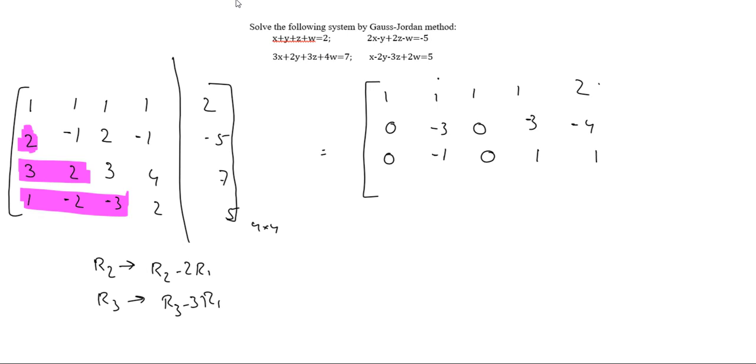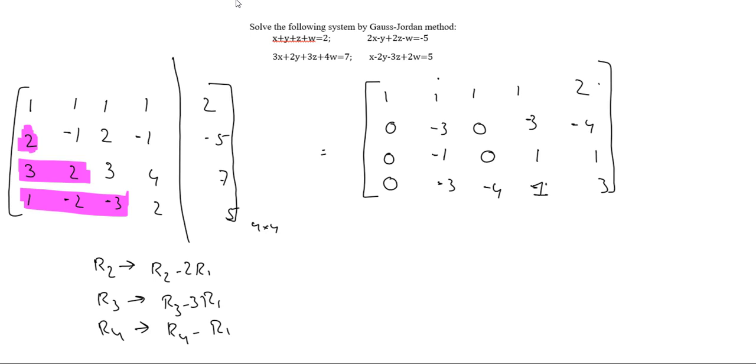And here R4 becomes R4 minus R1: 1 minus 1 is 0, minus 2 minus 1 is minus 3, minus 3 minus 1 is minus 4, 2 minus 1 is 1, 5 minus 2 is 3. This is what we have got.